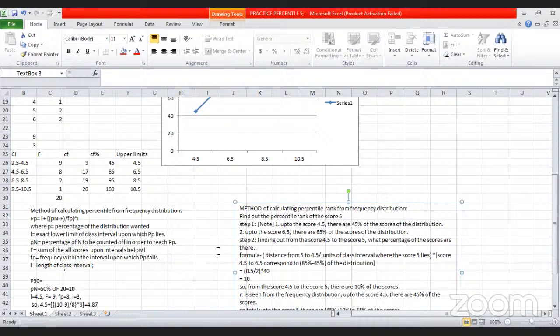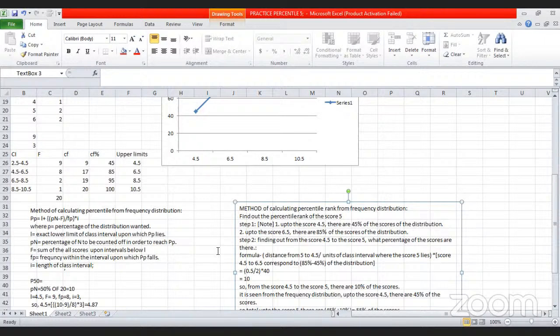Now we need to know what percentage of the scores are there up to the score 5. For that reason, we have to calculate what percentage of the scores are there between 4.5 and 5. Because up to 4.5, 45% of the scores are there, it is known to us.